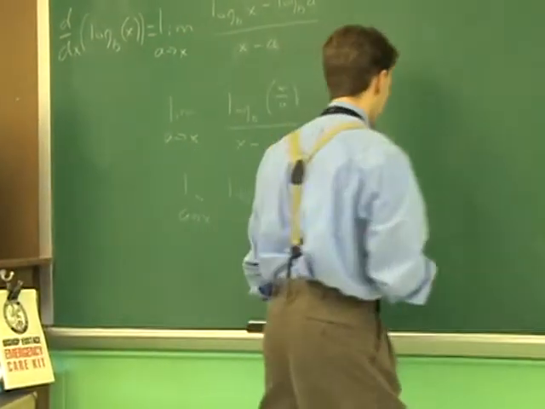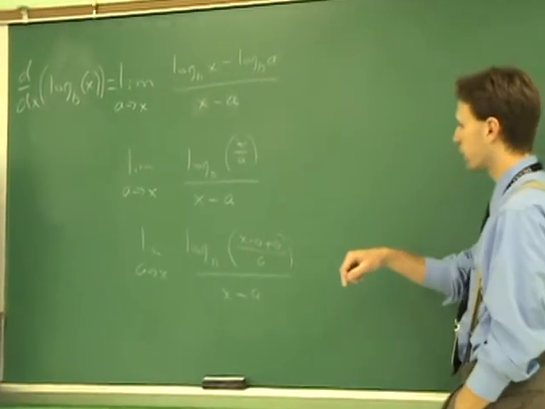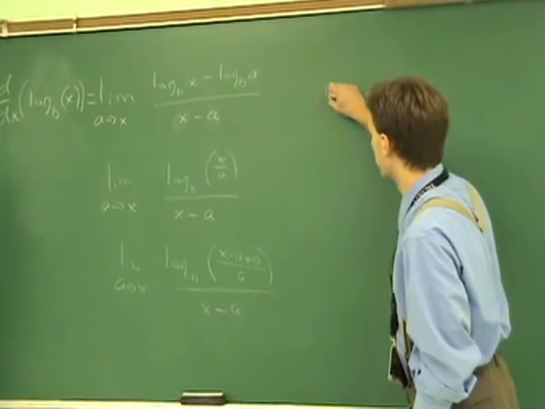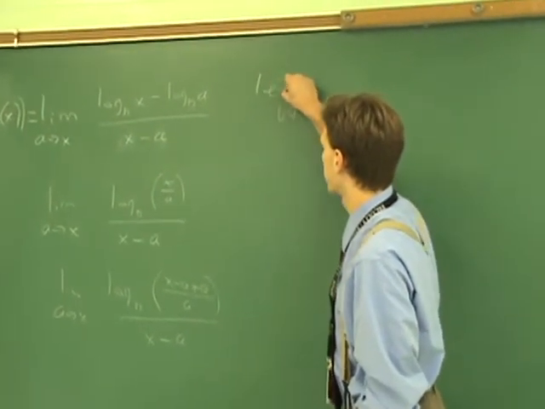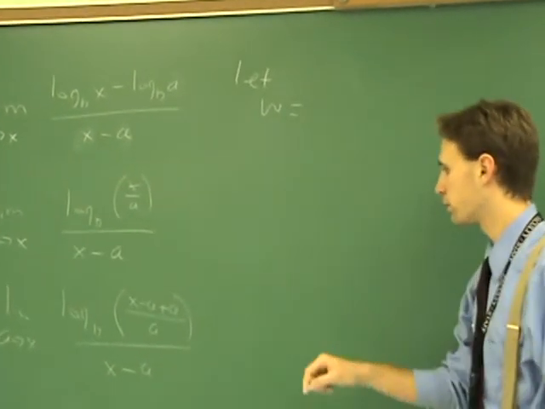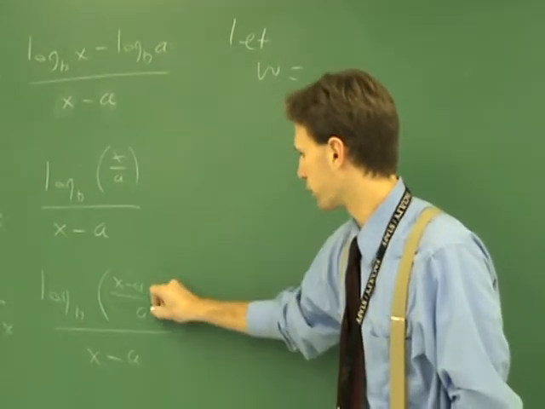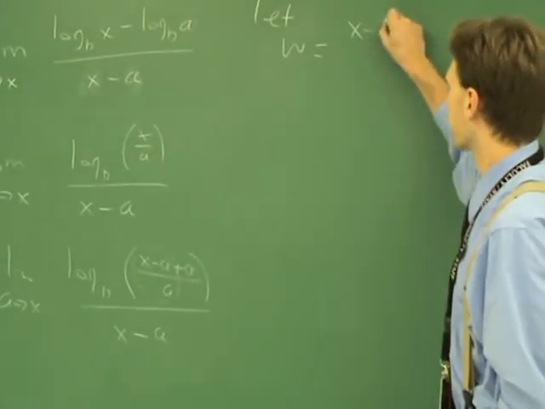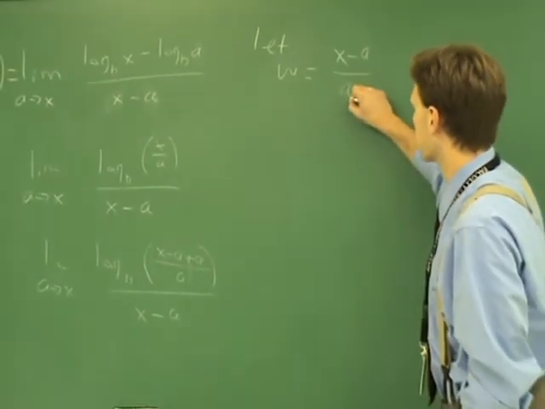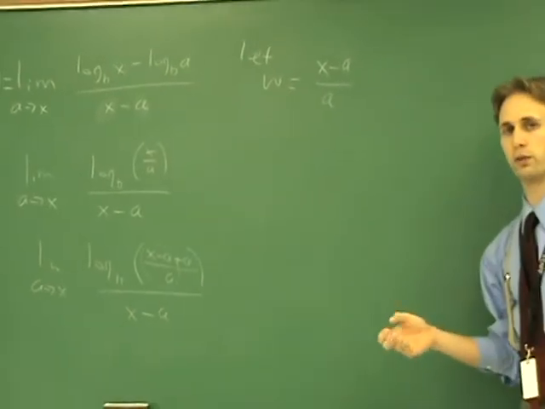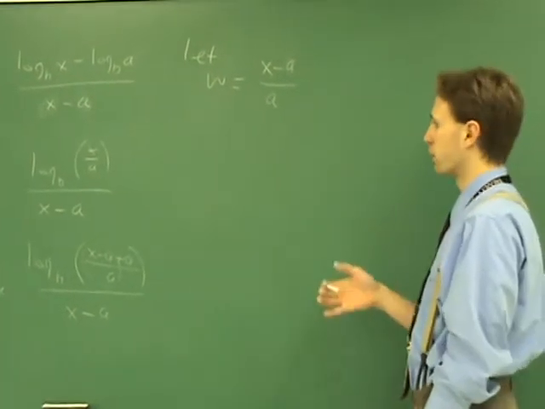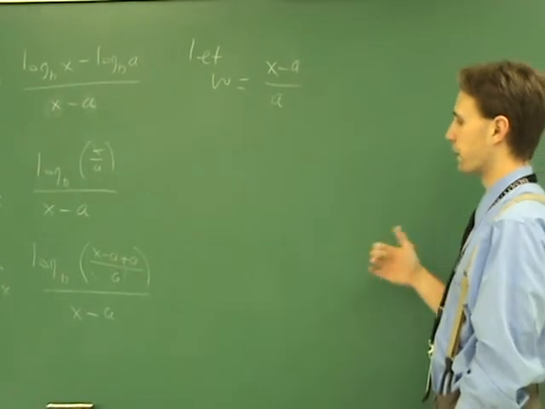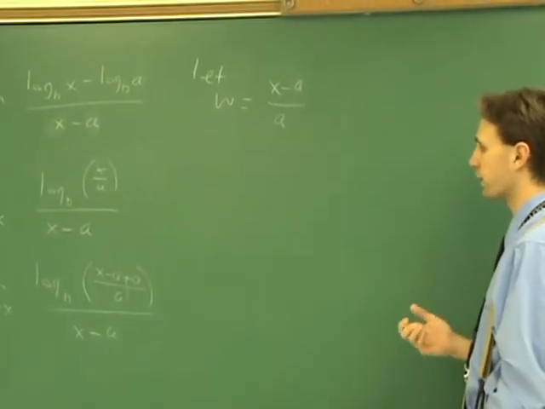What I'm going to do is invent another variable called w. We'll say let w equal this expression inside here, x minus a over a. And that trick is going to allow us to fully evaluate this limit and carry it out at the end.